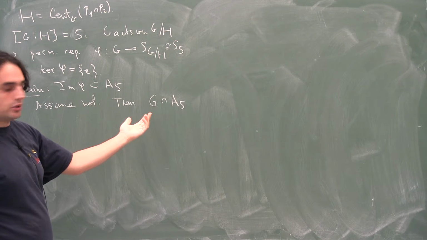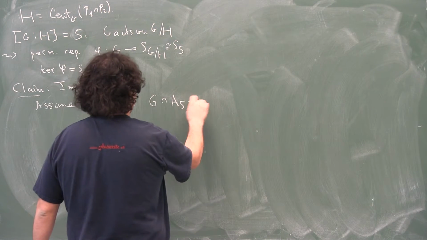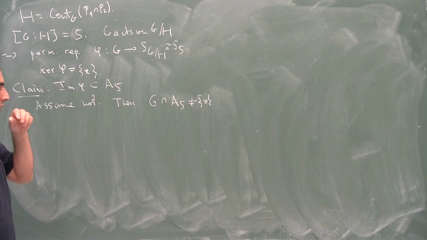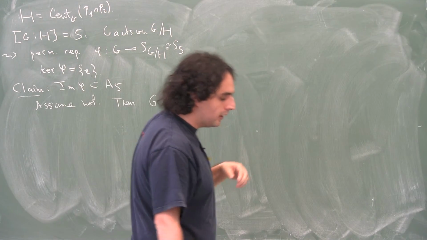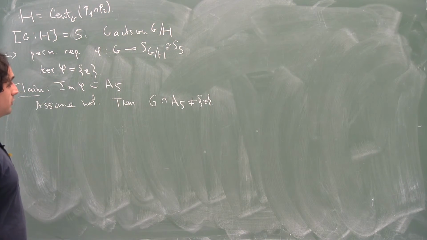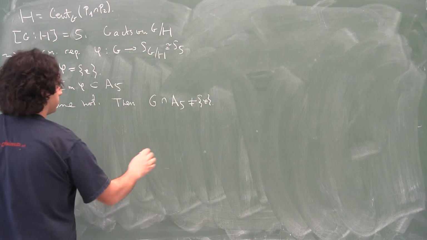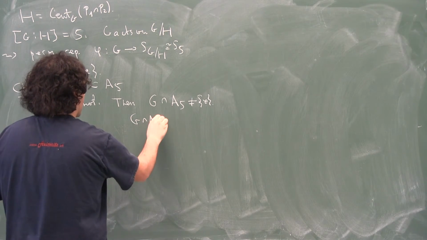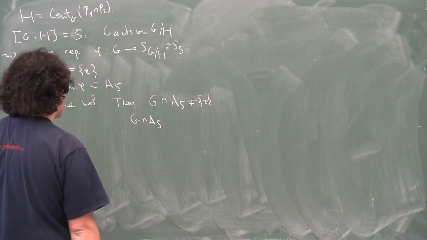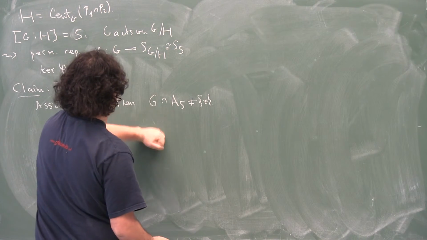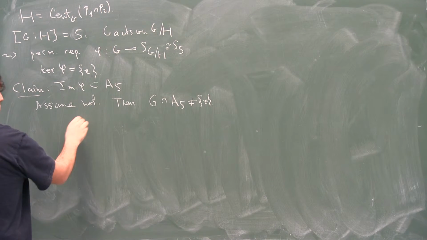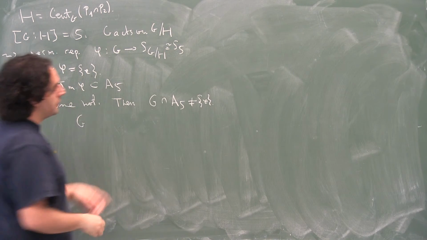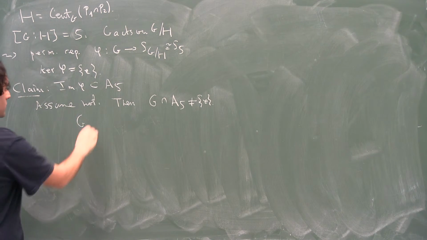The intersection cannot be the identity because we would have too many elements. Also, the next thing I want to say is that A5 is normal in S5, and by the way, G is also normal in S5. Both are of index 2.